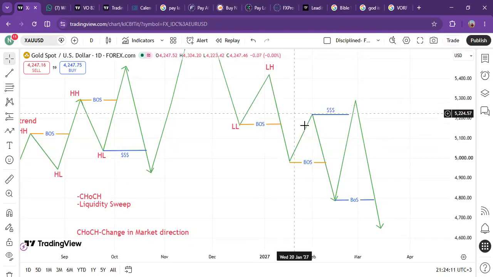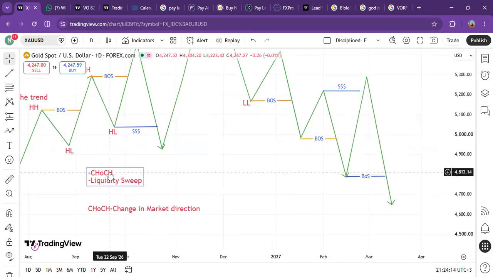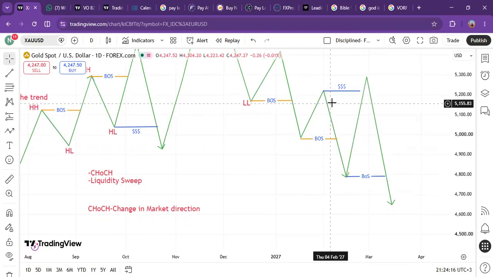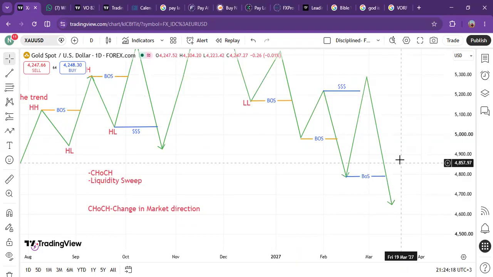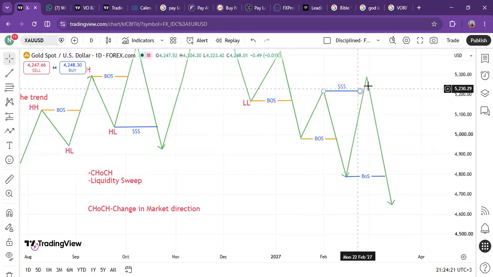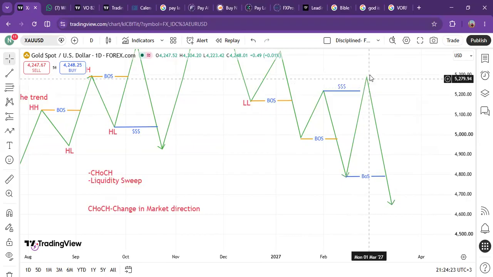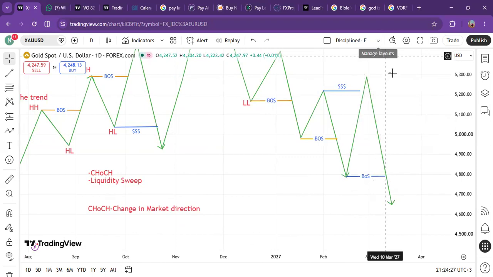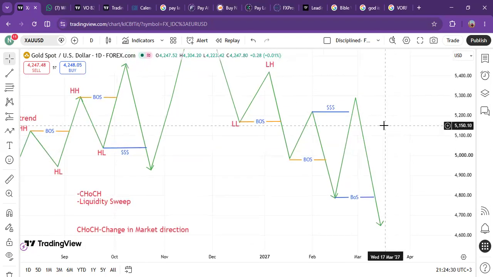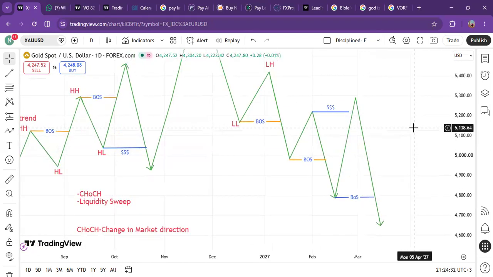So I hope now people know the difference between the two. Liquidity sweep happens if the market continues in the normal direction. Change of character happens if you spot the market close here with a body and change the direction, and you're going to tell that the market has changed if you see a break of structure. If the break of structure has not occurred after a change of character, then you still don't have the assurance that the market has changed.